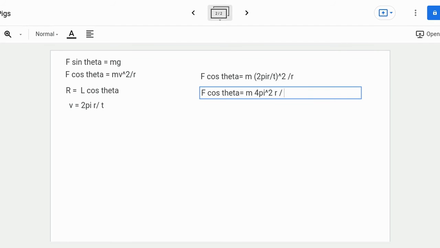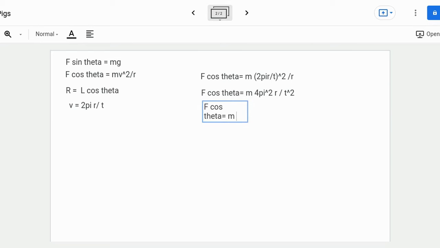All right, for our next step, we're going to take this even further and see that for this r here, we already have something we can substitute in for r. I apologize that one of the r's is capitalized and one is not. But we can take that F cosine theta, and we're going to plug in L cosine theta for r.